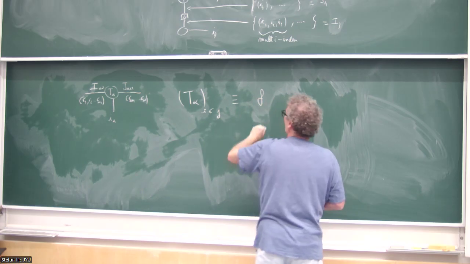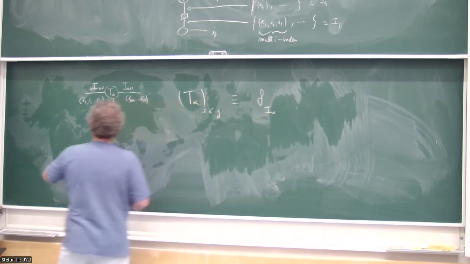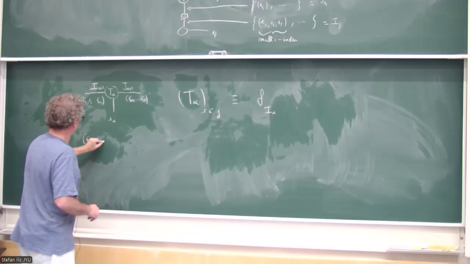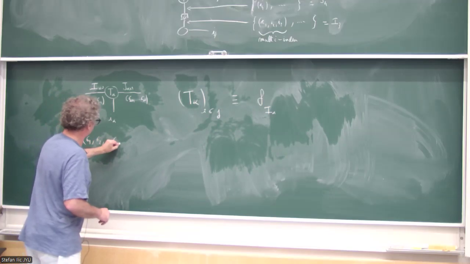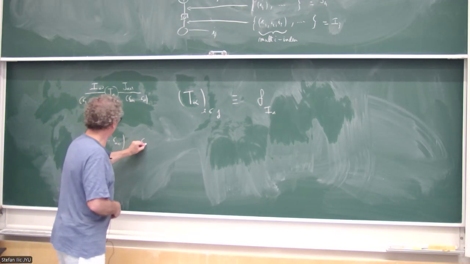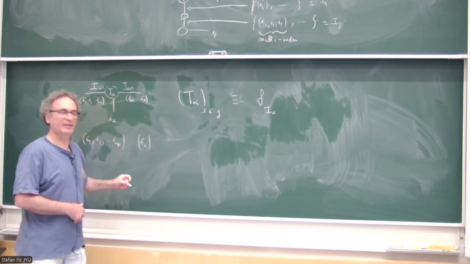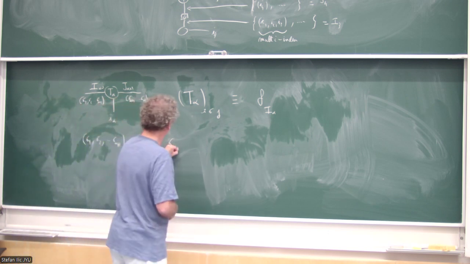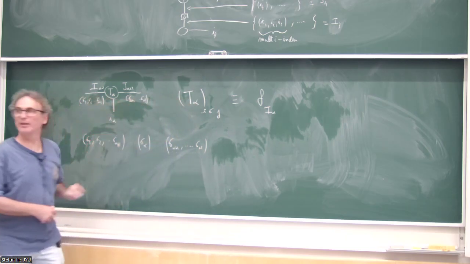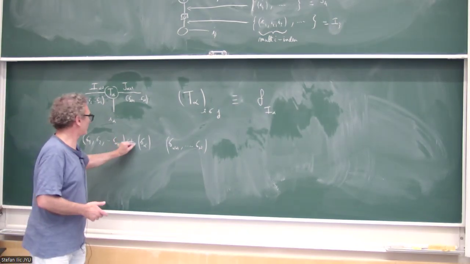If I have a multi-index like this, another multi-index like that, and another like this, I can concatenate them, put them together, so I will use a plus.